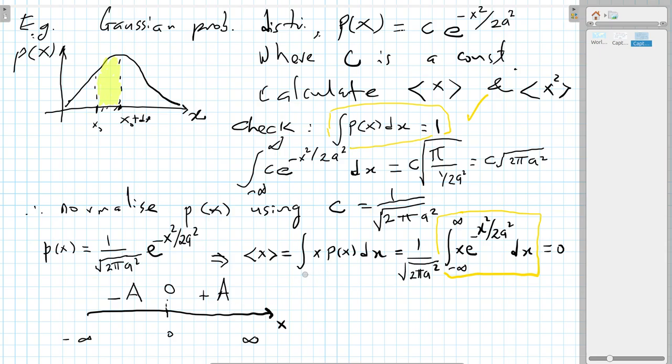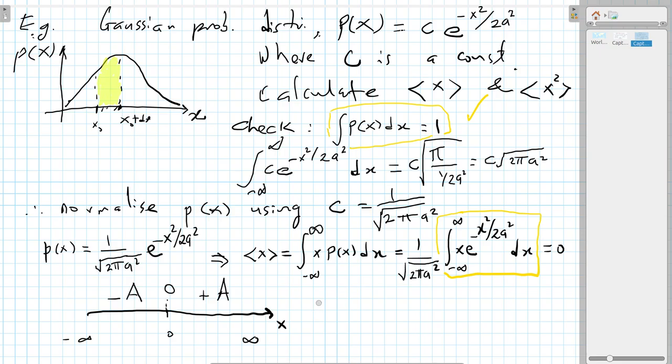Then the answer is always going to be 0. So I'm doing summation from minus infinity to plus infinity of an odd function. This is going to be 0, full stop, that's it. And the average of x is going to be what? It's going to be 0.